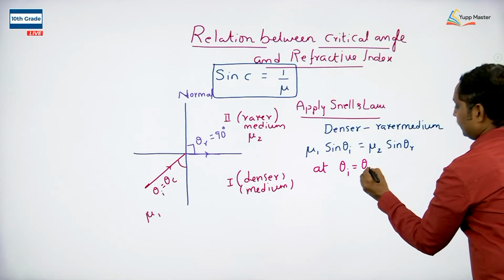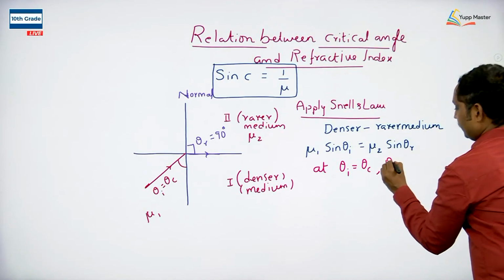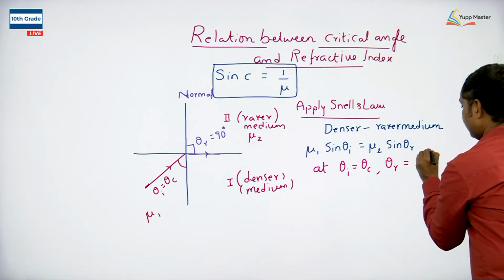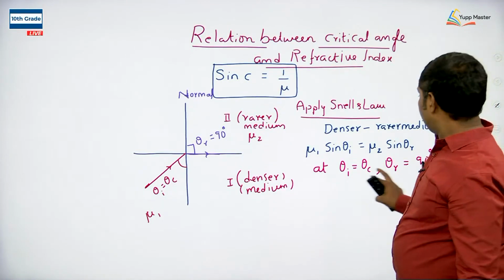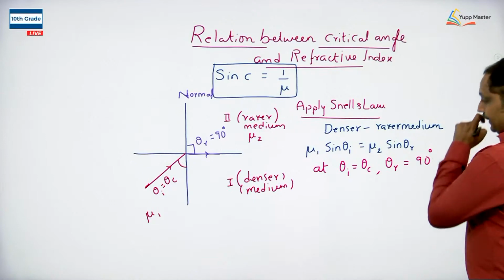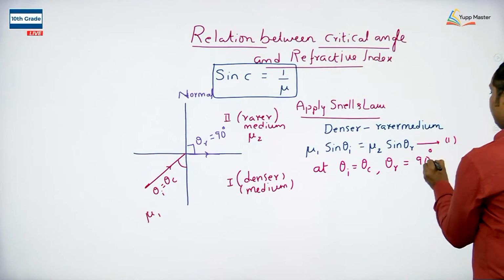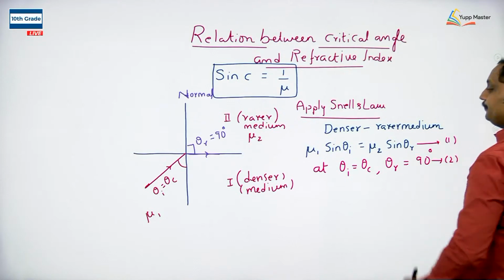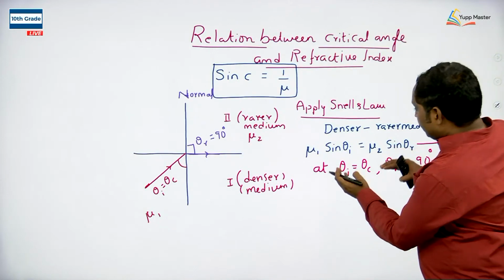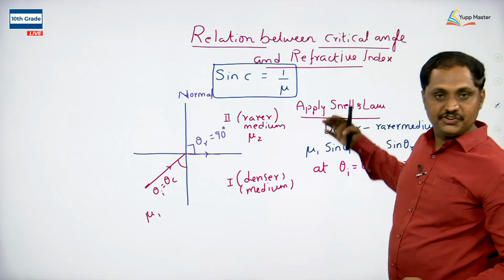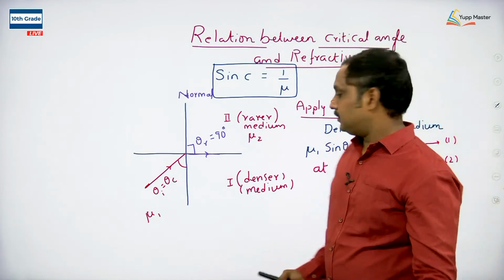At theta i is equal to theta c, theta r is equal to 90 degrees. That is the case. So please identify this as the first one and second one. Please substitute equation 2 in equation 1 and follow. You will get the relation.